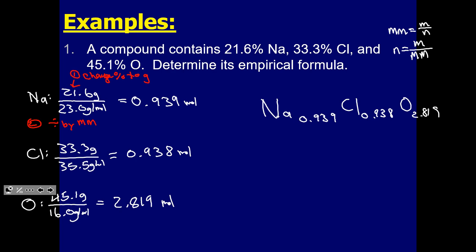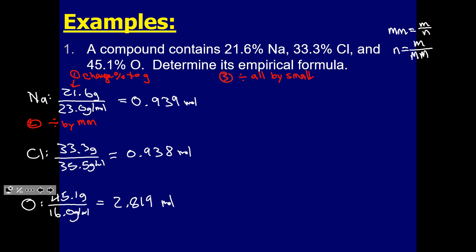So step 3 is to divide all the numbers by the smallest number to force it to become 1, and then we get the ratio of the rest based on that. So step 3, divide all by the smallest. Okay? So in this case, it looks like it's 0.938. So I've got 0.939 divided by 0.938, and that is going to be really close to 1.